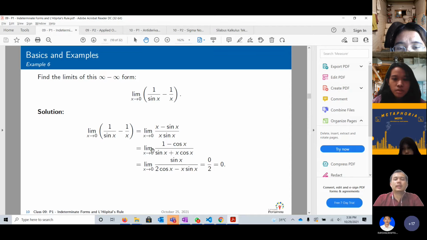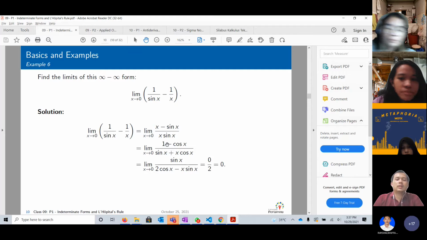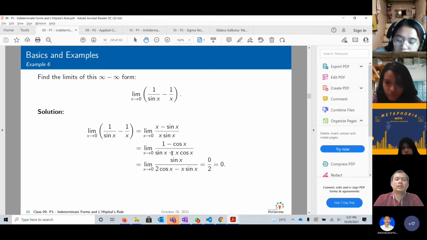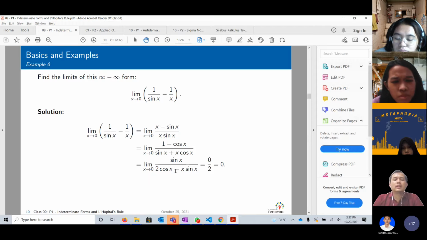So we see here that in this second line, we still have 0 over 0 ya. Di baris kedua ini kita masih punya 0 per 0 ya. Then we apply again L'Hopital's rule ya. Kita apply lagi aturan L'Hopital. Then now we can compute it. We have 0 over 2 which is 0 ya.